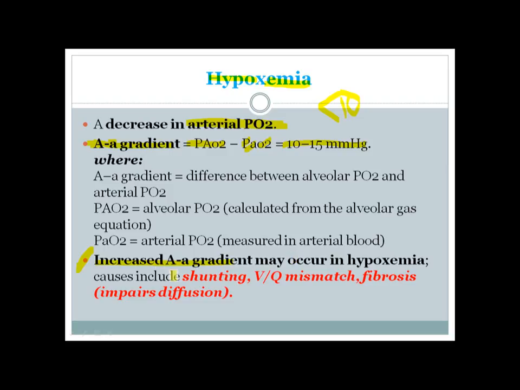It can occur in case of shunting, when the blood bypasses the lungs, or due to VQ mismatch. Suppose someone has a pulmonary embolism, he will have a VQ mismatch. It can occur in fibrosis, where there is a defect in diffusion of oxygen from alveoli, so alveolar oxygen cannot go properly through the alveolar membrane to the pulmonary capillaries.